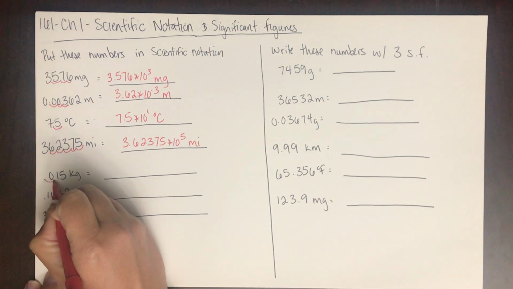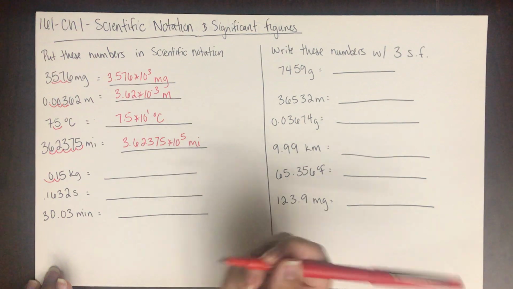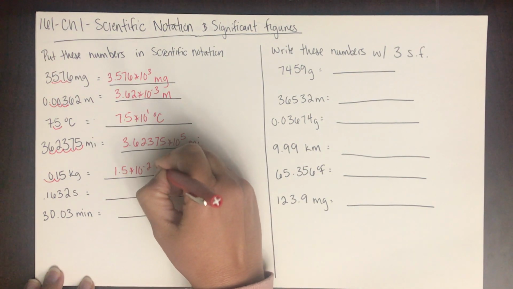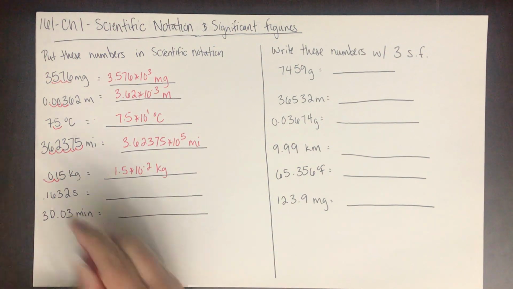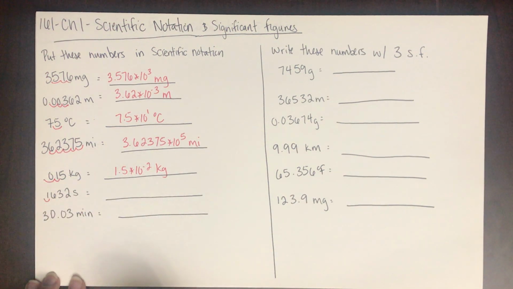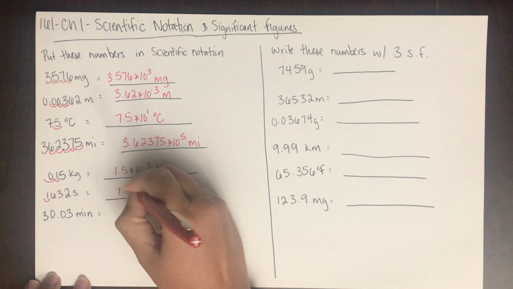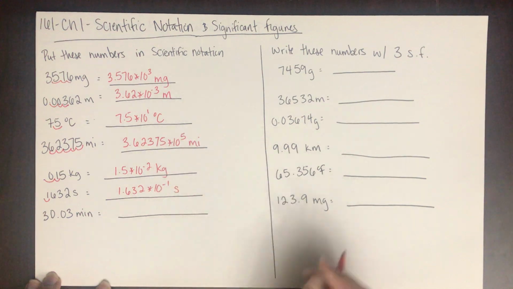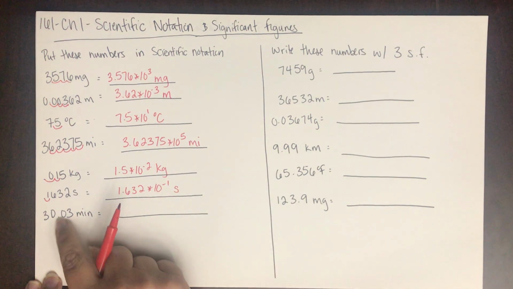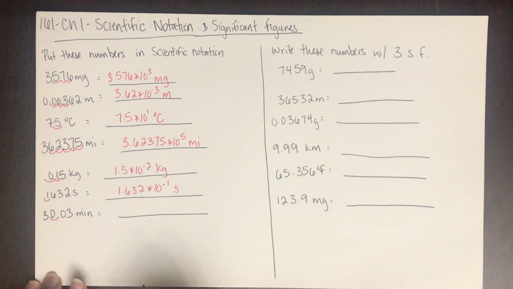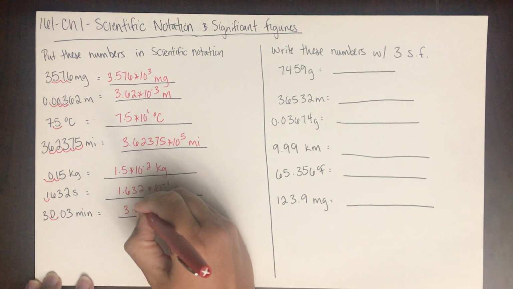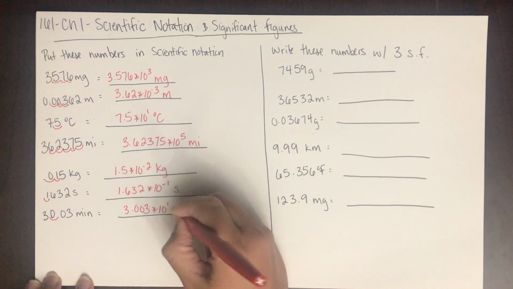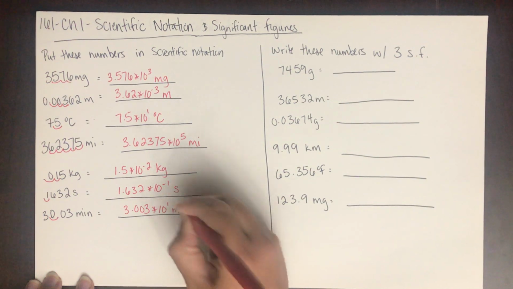Here I'm going to move it 1, 2 places to the right, so it's going to be 1.5 times 10 to the negative 2 kilograms. Here I'm going to move it 1 place to the right, so it's 1.632 times 10 to the negative first seconds. And then here I want to move it 1 place to the left, 3.003 times 10 to the first minutes.